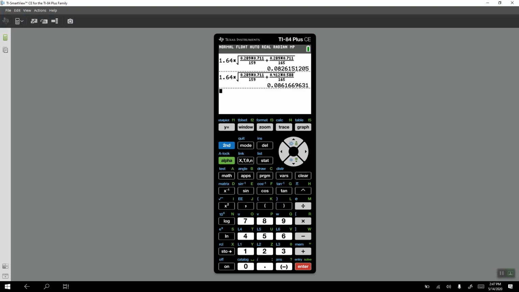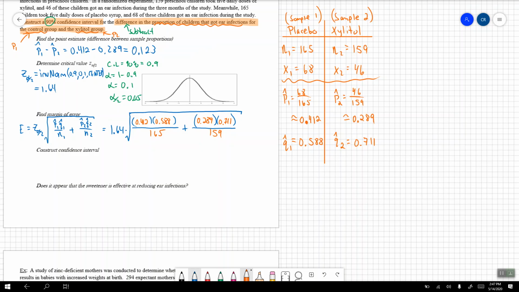So let's go back and let's modify things. All right, here we are. So the error that we just got was 0.086.